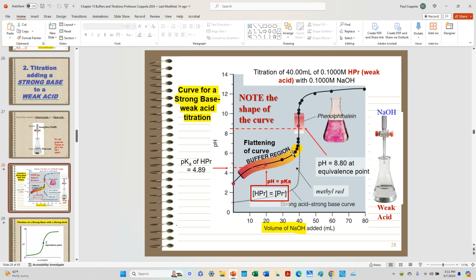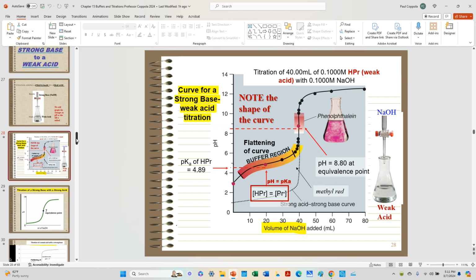And then it sort of flattens here. And notice something. In the buffer region, at the half-equivalence point, the pH is going to equal the pKa. That's important. The pH equals pKa. And the equivalence point over here, the pH is greater than 7.